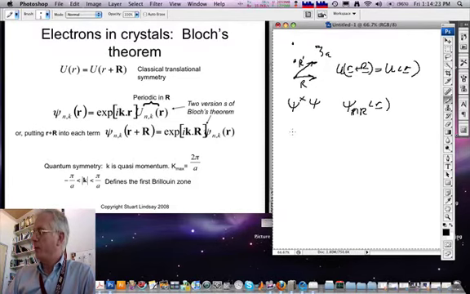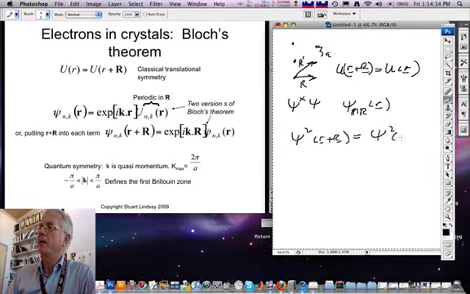And the statement there is that psi squared nk of r plus R must be equal to psi squared of r. So let's take the square root of this expression, remembering we really mean that we're multiplying something by its complex conjugate, and we have psi of r plus R equals, and I'm going to put here the square root of 1 times psi of r.